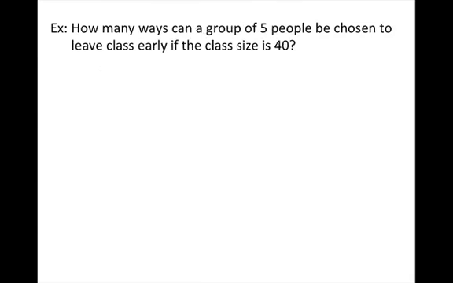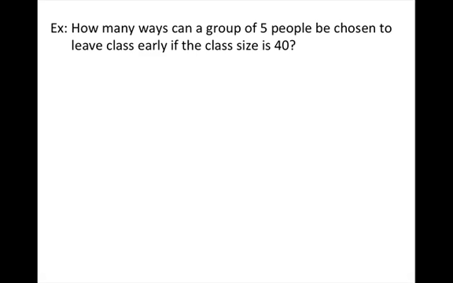In the next example, how many ways can a group of 5 people be chosen to leave class early if the class size is 40? So the first thing you have to do is decide, is order important? If I'm selecting 5 people to leave class early, there was no importance placed on which person I select first or second or third.